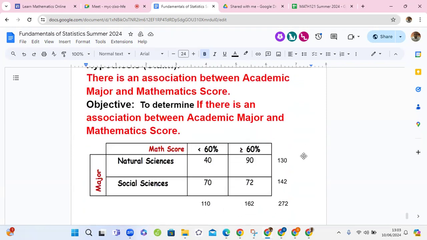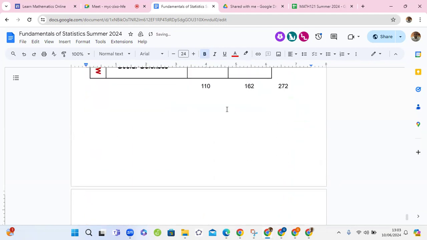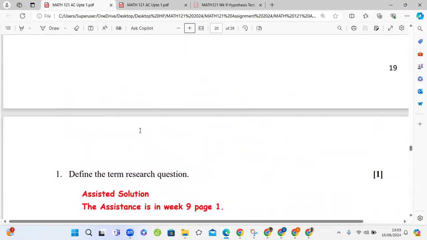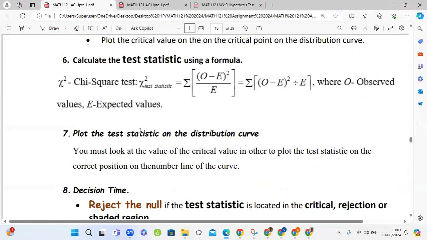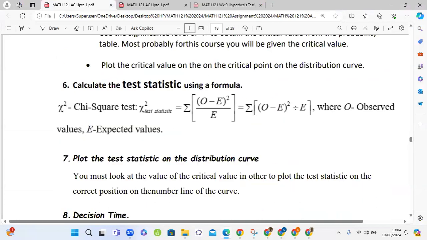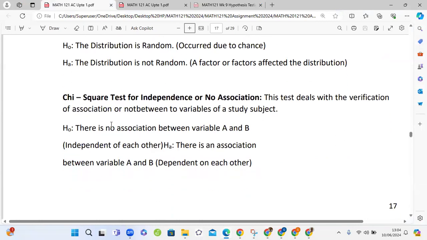We have not stated our pair of hypotheses yet. That's a chi-square test for no association, chi-square test for independence. Here it is. The null is saying that there is no association, and the alternative is saying that there is an association.